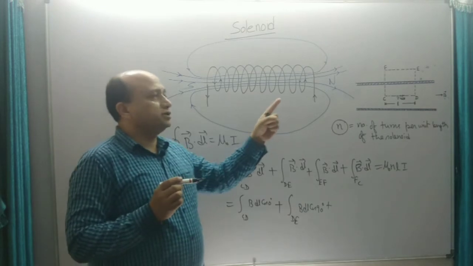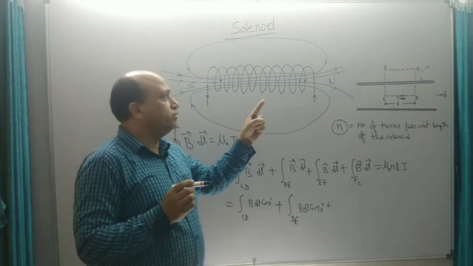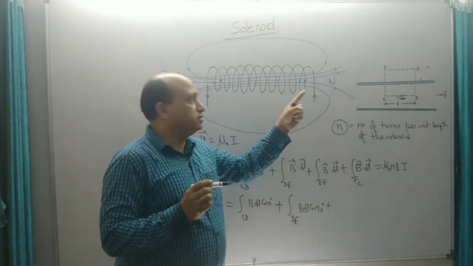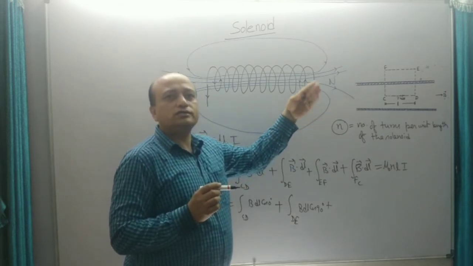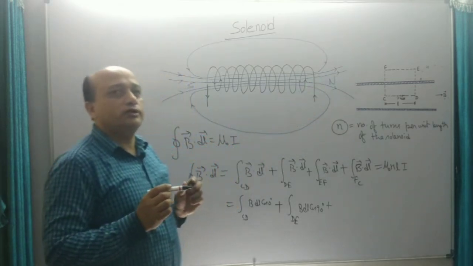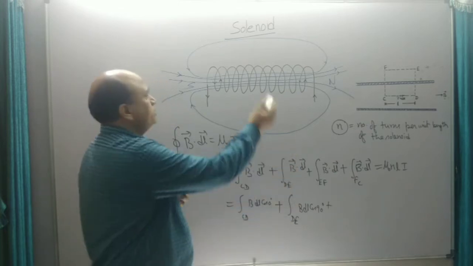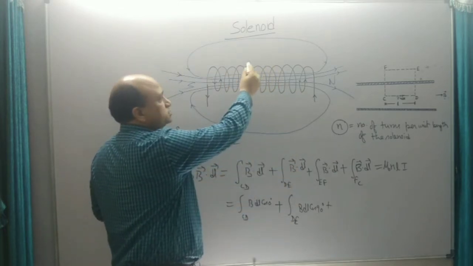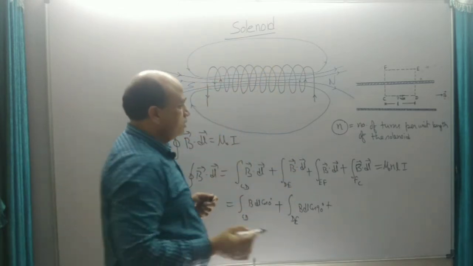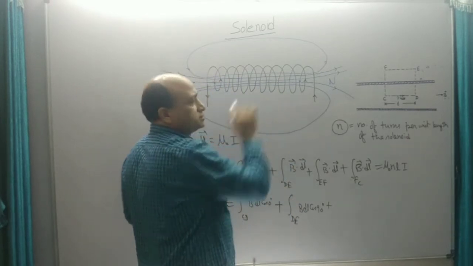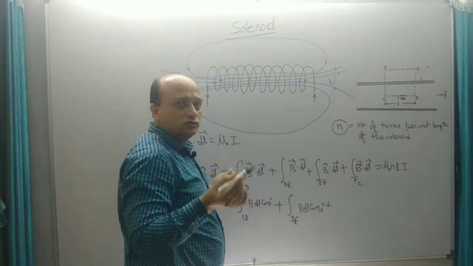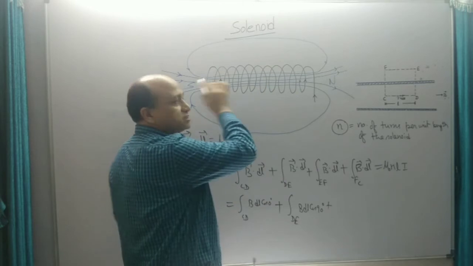In case of EF, the magnetic field will be 0 as the line element is lying outside the solenoid, and outside the solenoid the magnetic field is negligible, as we have already seen in the case of solenoid. Magnetic field is always there inside the solenoid, and that is uniform and strong. That is the characteristic of solenoid.